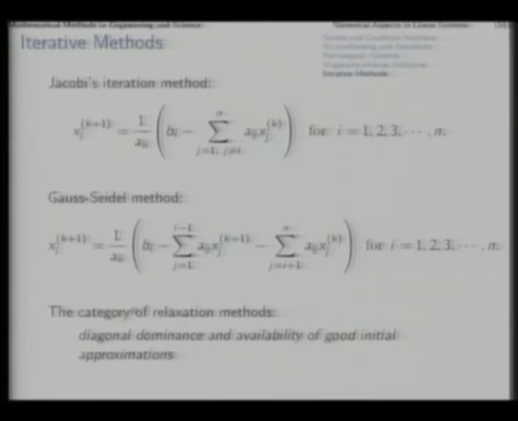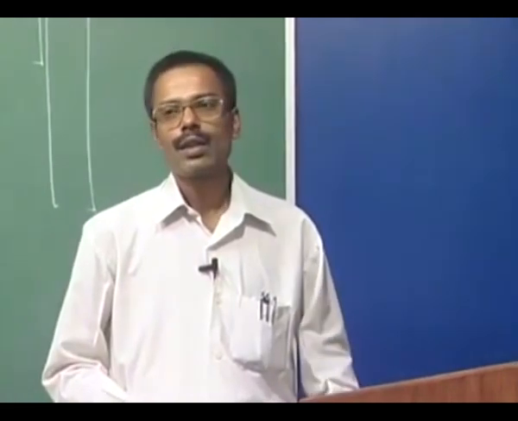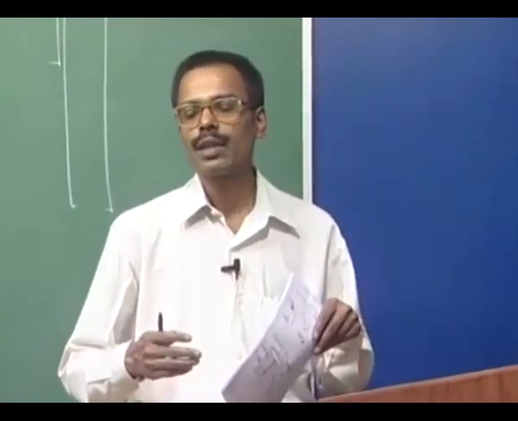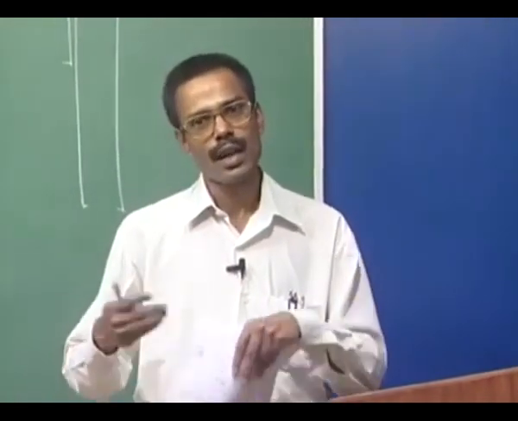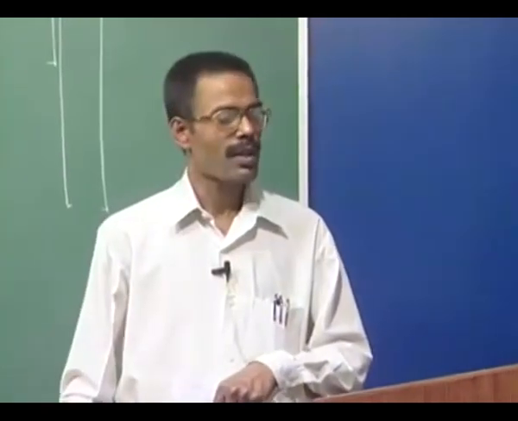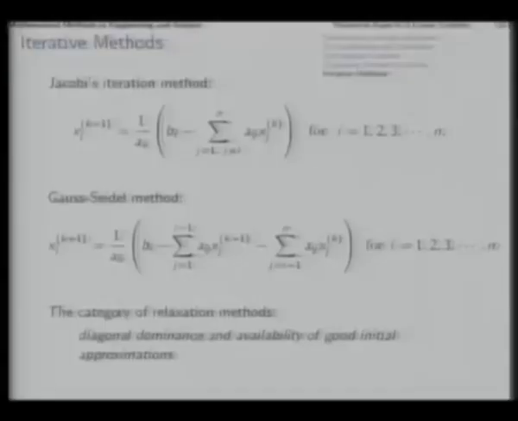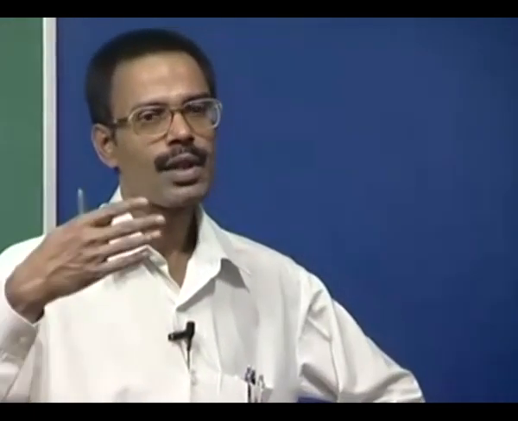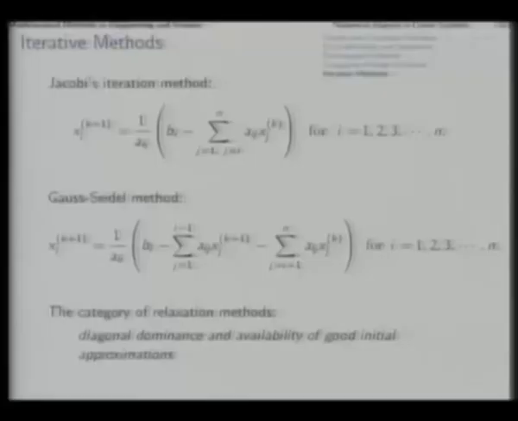These methods work very well in the case of the availability of good initial approximations, a situation which quite often happens in solutions involving the linear equations that arise from differential equations, and therefore these Gauss-Seidel and Jacobi's methods are quite often used in the methods for solution of differential equations, and these methods in general are called relaxation based methods.